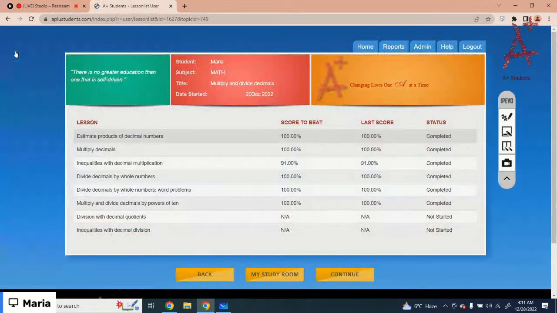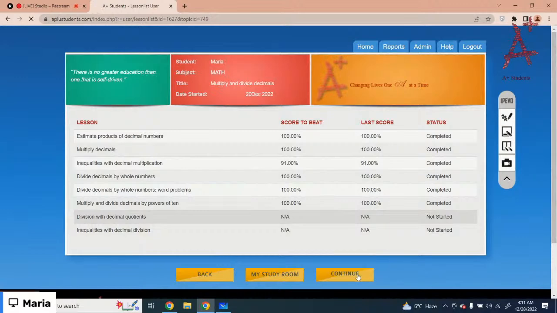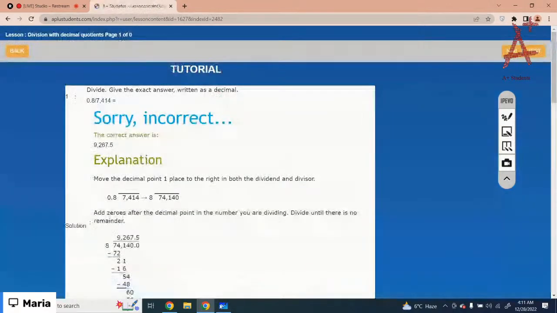The next lesson is division with decimal quotients. Here is the next lesson. Let me just write down the lesson name.